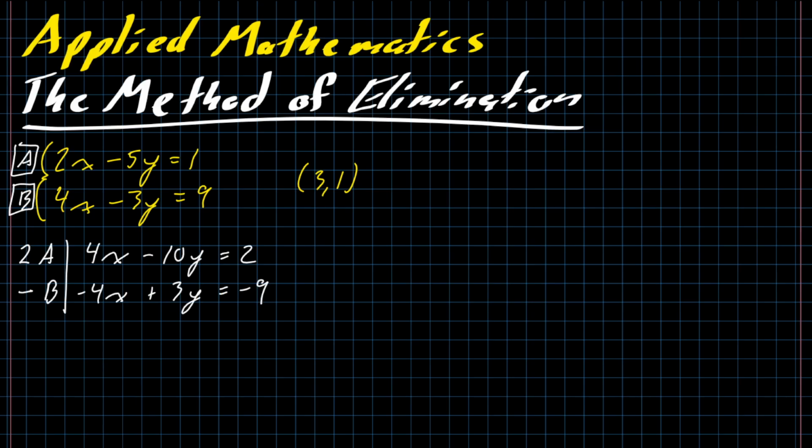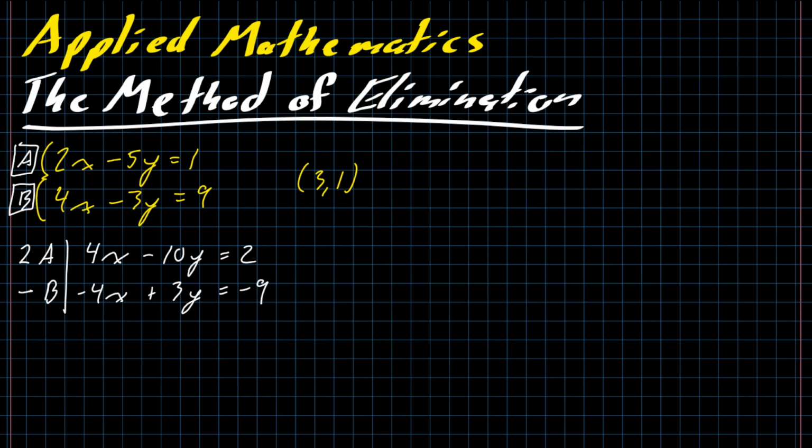And that is a perfectly valid thing to do. You can multiply both sides of an equation by a non-zero constant, and the equation still has the same truth value. The other thing that you're allowed to do is add the same thing to both sides of an equation, and it will maintain the same truth value.